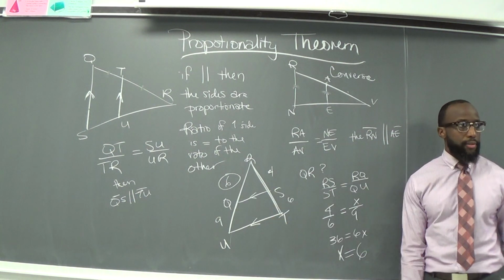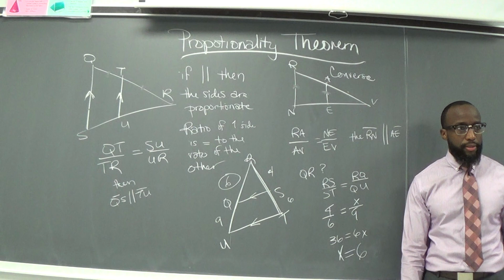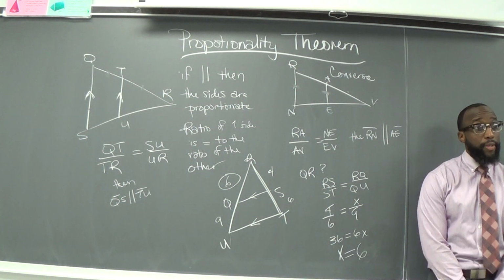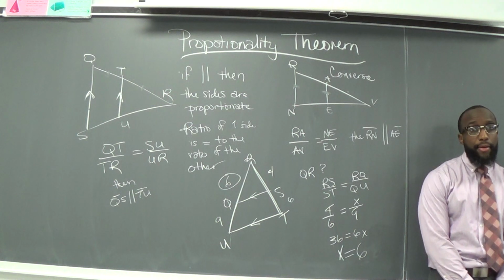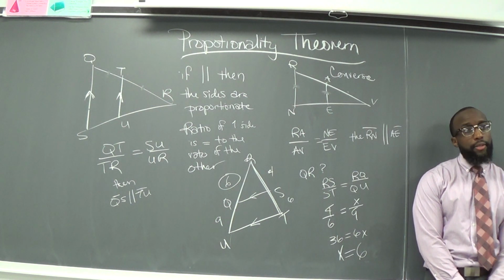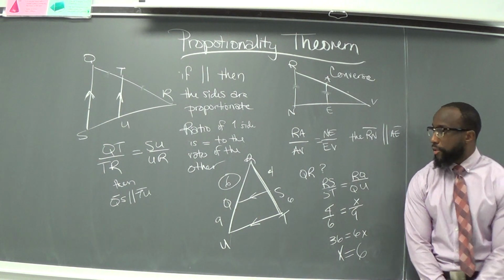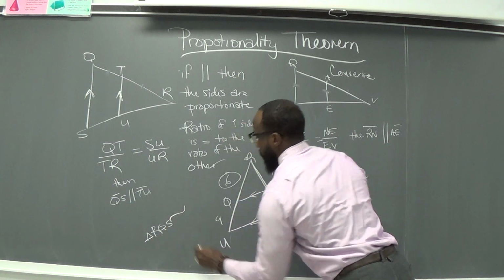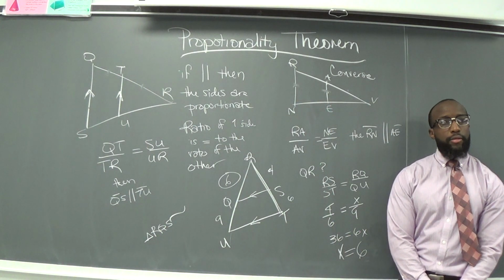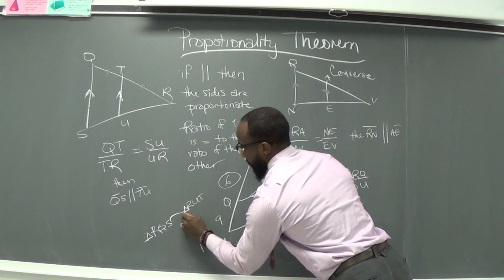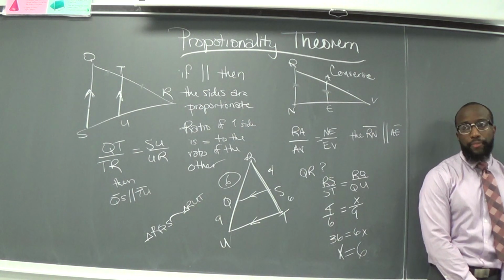So we're using the idea of triangle similarity and parallel lines to find missing sides. In essence, what two triangles are similar? RQS is similar to RUT.